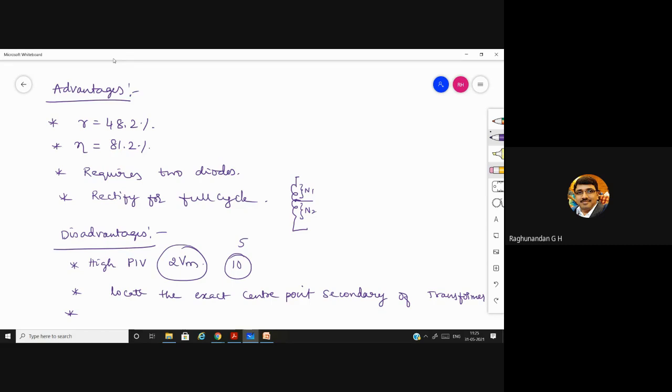Otherwise, what happens if there is some difference? The voltage we get here will be different from the voltage we get here. If that happens, at the output, instead of getting what we expect, where all the peak levels are equal, if the coil turns are mismatched, then instead of getting peaks like this, we'll be getting peaks like this.